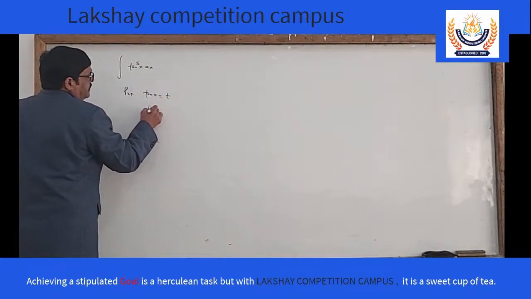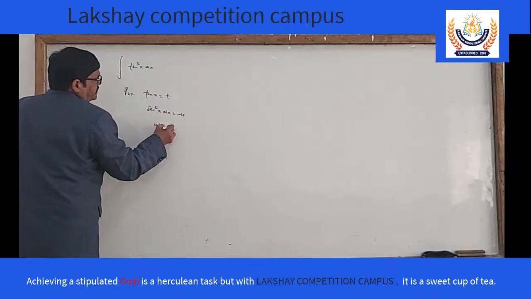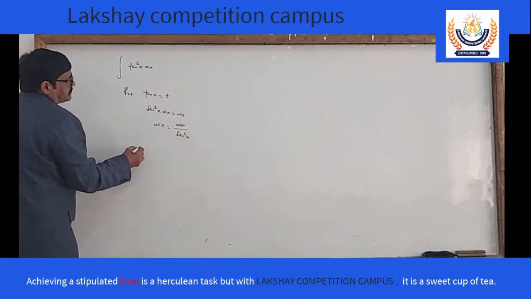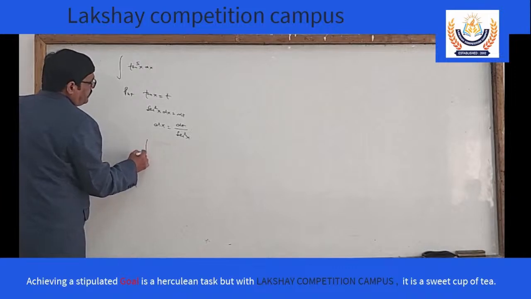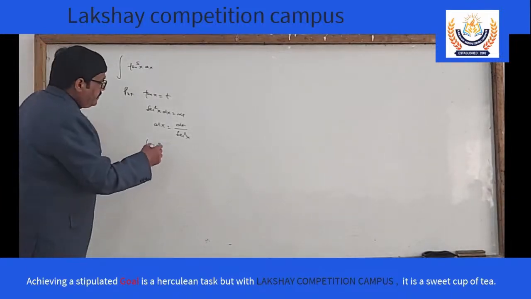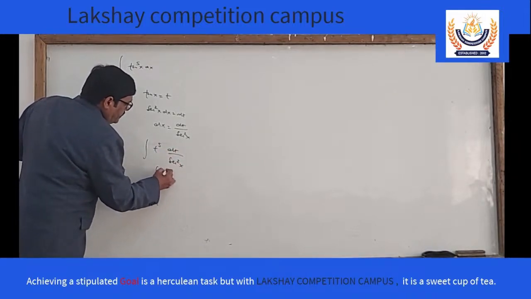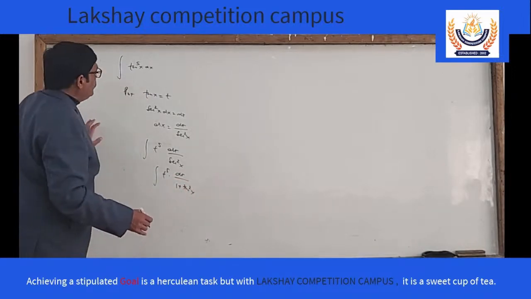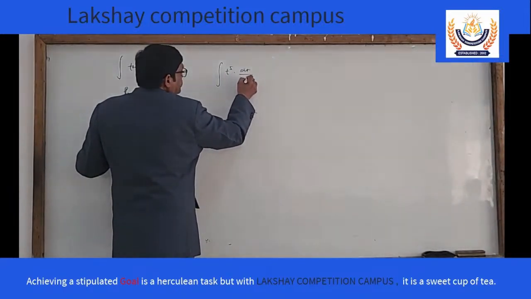What is the derivative of tan? dx is equal to dt by secant² x. So we can write t⁵ dt by 1 plus tan², that is t⁵ dt by 1 plus t².